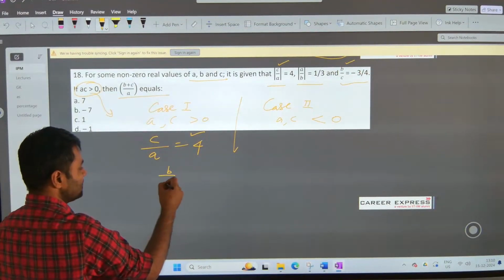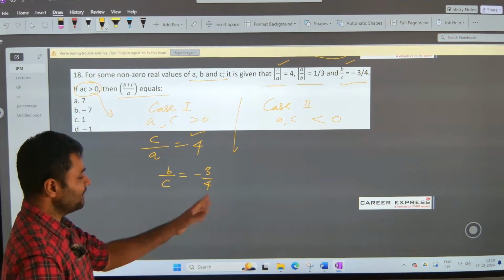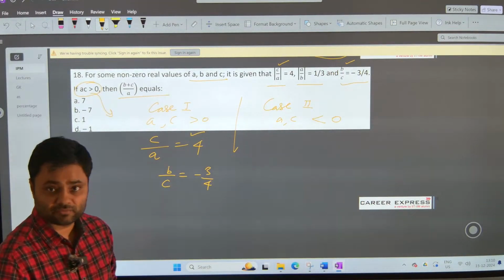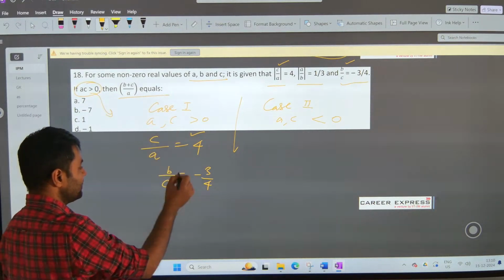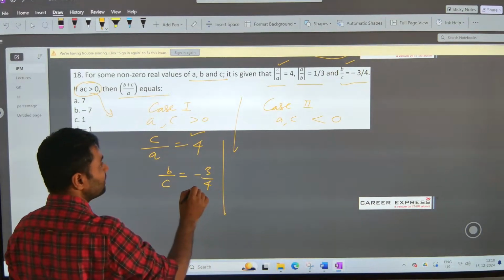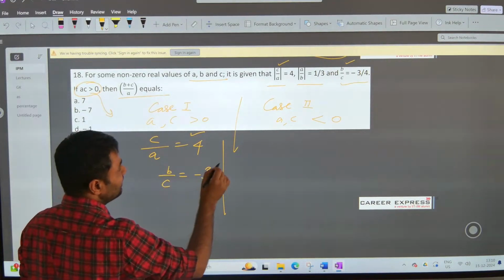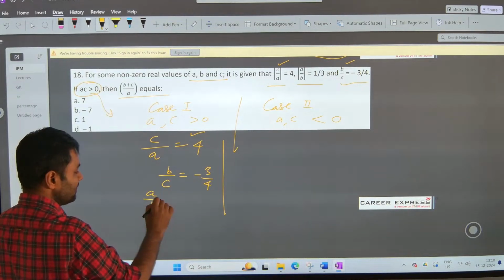This number can be negative only if B is negative. Also, C by A is 4, which is positive, and B by C is negative. We can conclude the values of A, B and C from here.